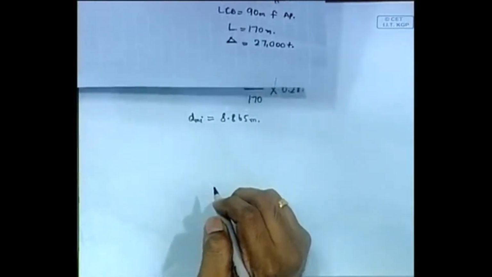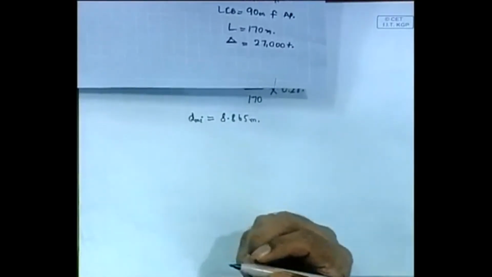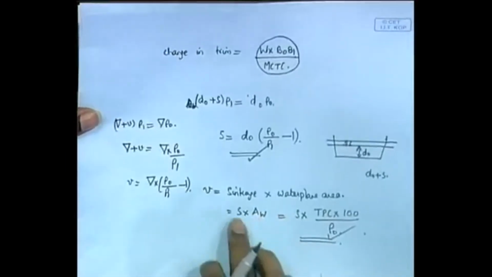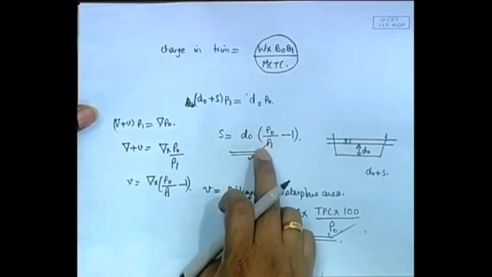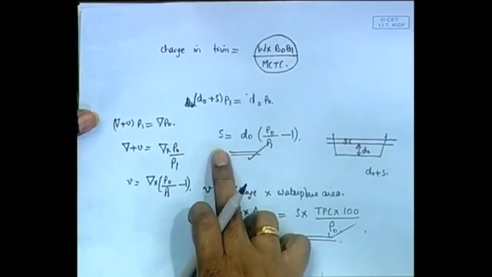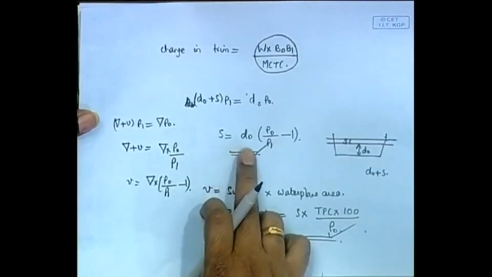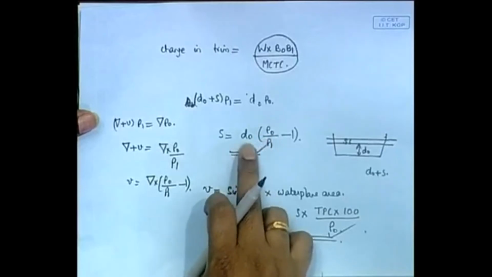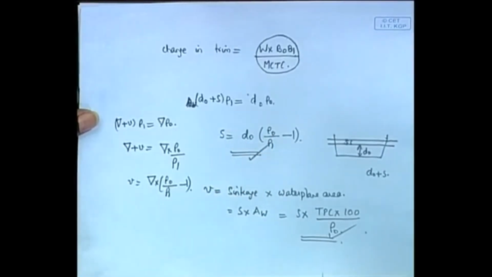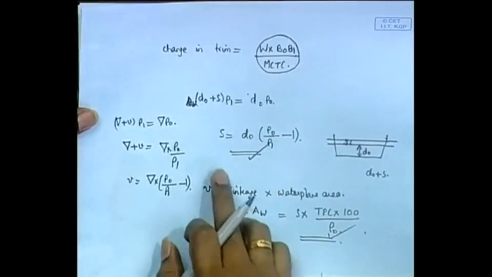Then, since you know the initial and final densities, you can directly find this S from this formula. You know D0 initially. Note that this D0 is the initial draft at the mean point, at the center of flotation, which is what we just calculated.